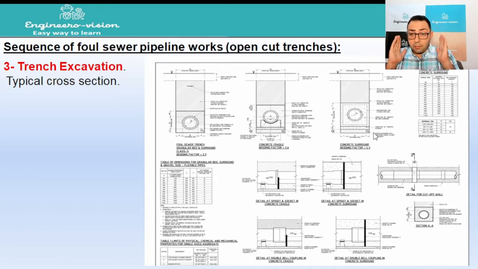And this is the minimum width of the trench, and there is a maximum width of the trench. Why do they determine the maximum width of the trench? Because this pipe will be exposed to a certain load, and this pipe can carry loads as per the design or as per the manufacturer recommendation. And if we increase that width, we need to go for some kind of protection that we will see in the coming slide.